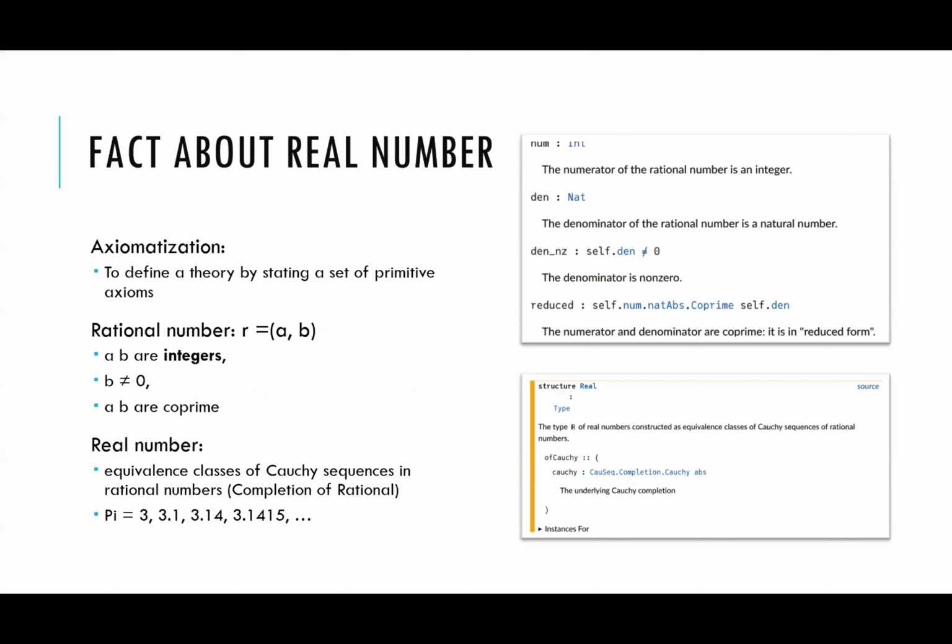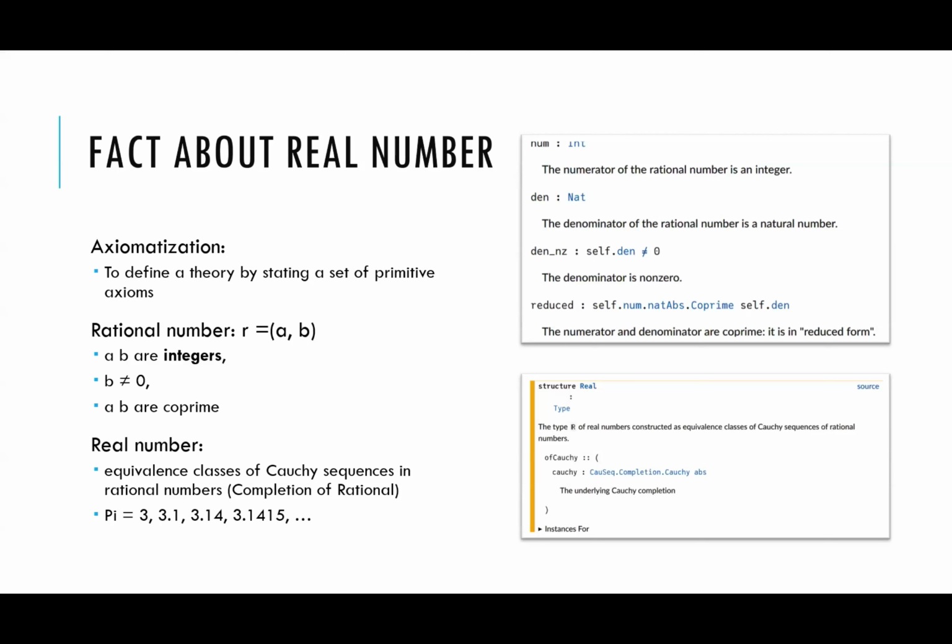Since we are going to do formalization, and in the first few lectures we're going to do our proofs in real numbers, I'm going to explain a few details about real numbers. The first thing is this word, axiomatization. It's a term in the logic world.